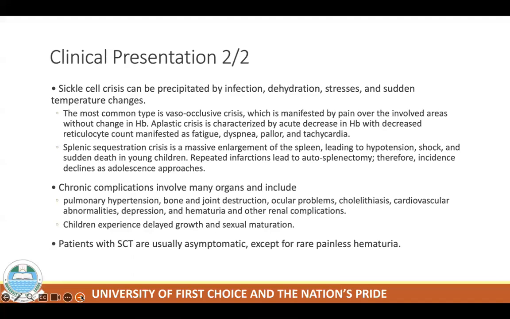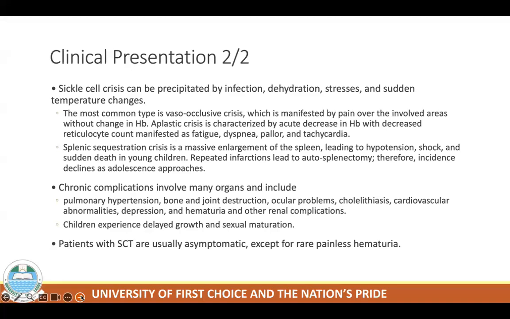Also, there can be something called splenic sequestration crisis, which is a massive enlargement of the spleen, leading to hypotension, shock, and sudden death in young children. And repeated insults to the spleen can lead to autosplenectomy, right?